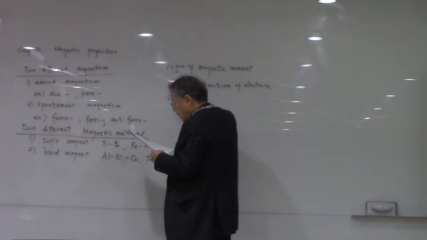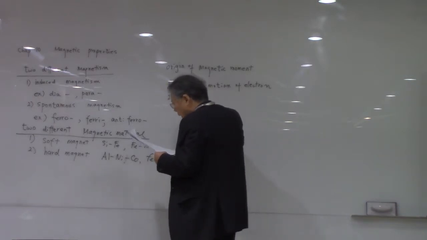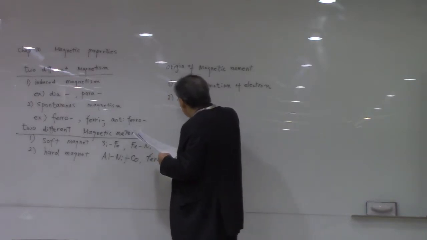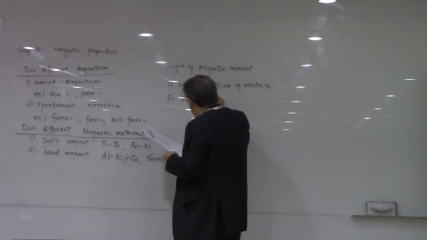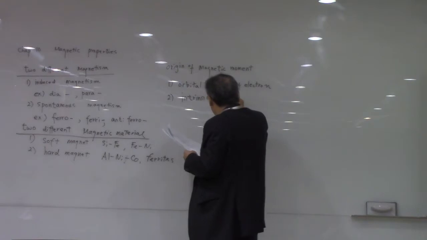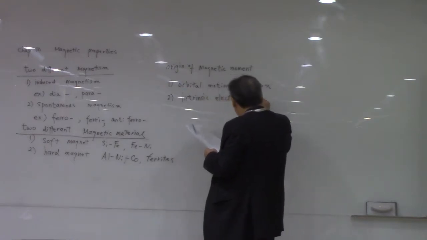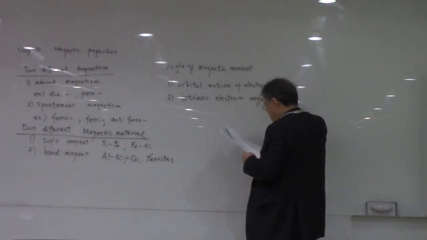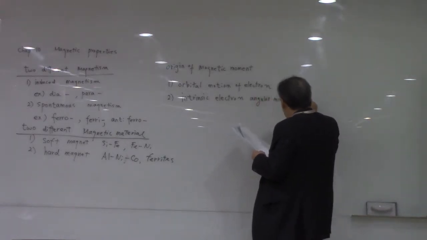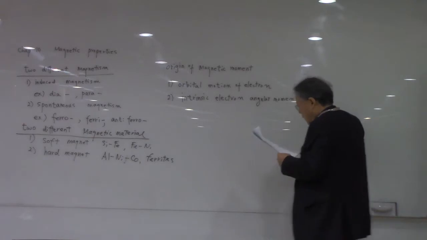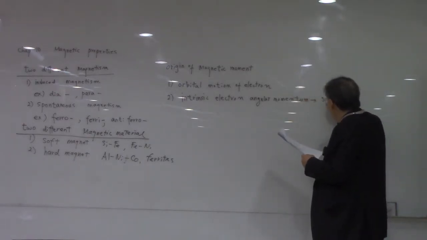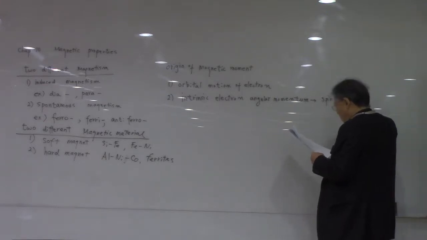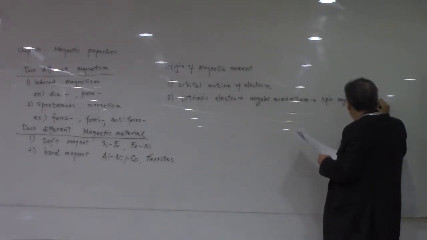And then another one is the intrinsic electron angular momentum. We call this a spin angular momentum, okay?